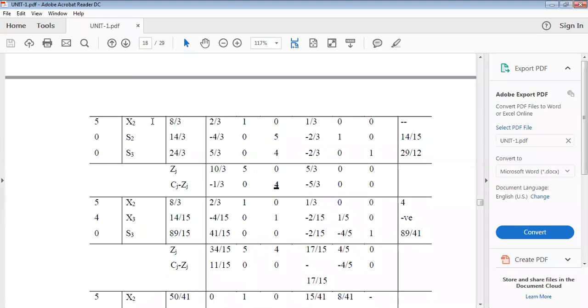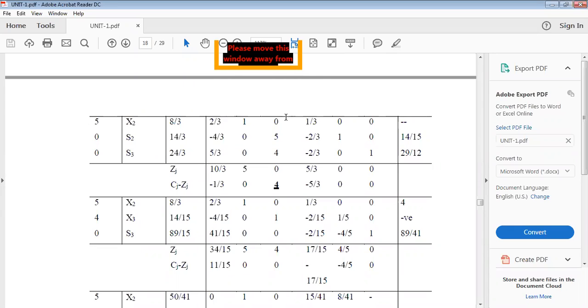Next, similarly, 5 into 0, 0. 0 into 5, 0. 0 into 4, 0. Hence, you got 0 here. Next, 5 into 1 by 3, so it is only 5 by 3, because 0 into minus 2 by 3, 0 into minus 2 by 3, they are zeros.